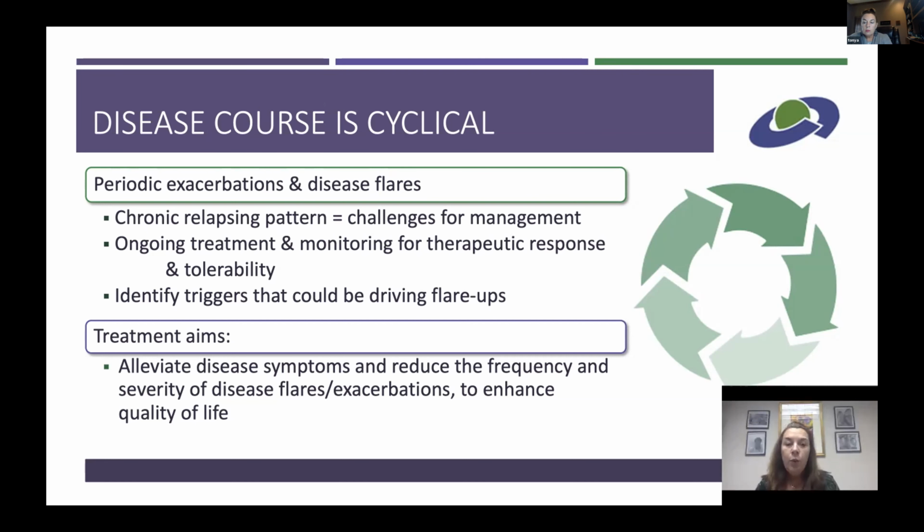It's also important for that AD nurse to identify triggers that may be causing or contributing to the flares. And the treatment aims are always to alleviate the disease symptoms and reduce the frequency and severity of those flares, and really overall to enhance the quality.